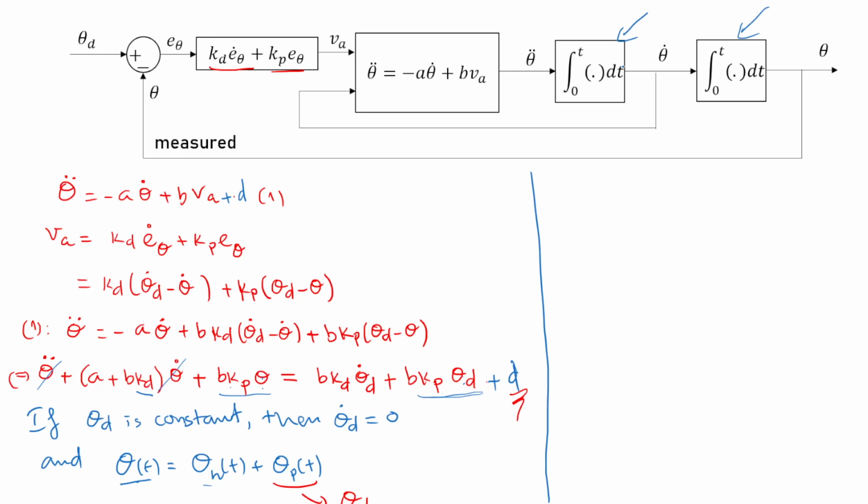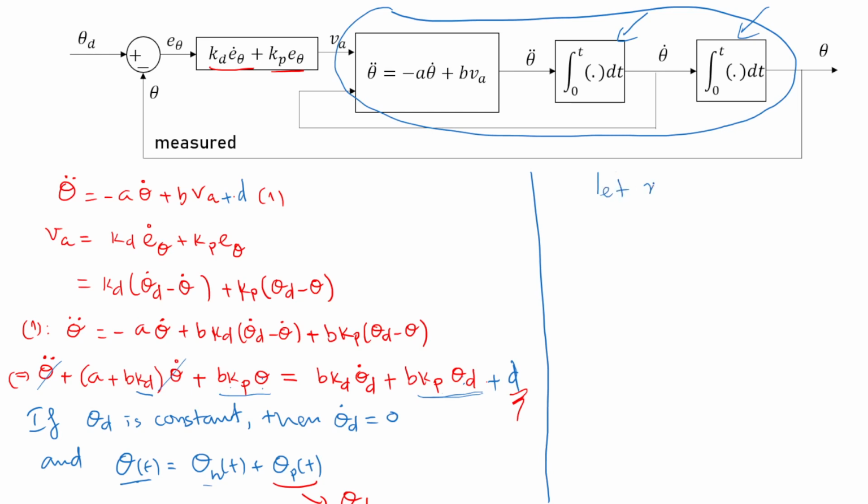If you want to represent the model in an analytical way, you can reformulate this part like this. First, let h1 equal theta and h2 equal theta dot.